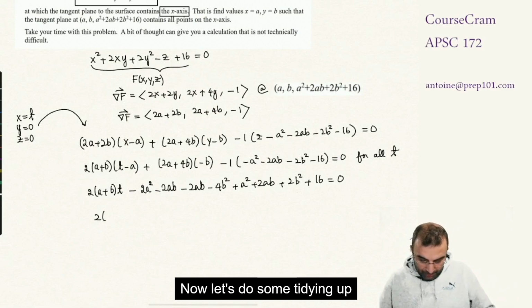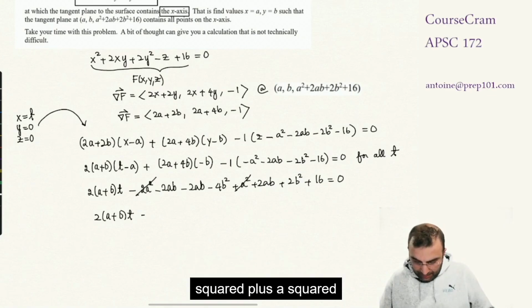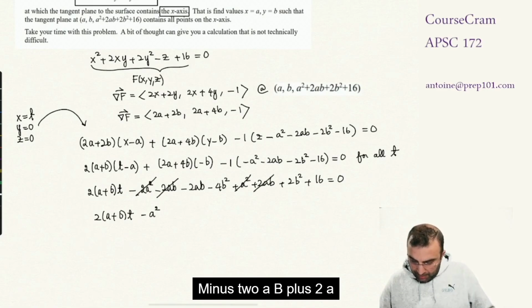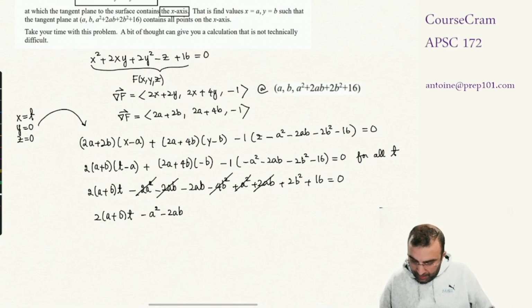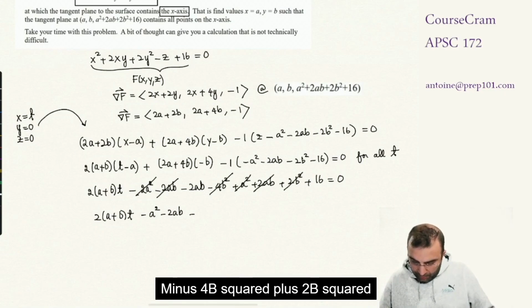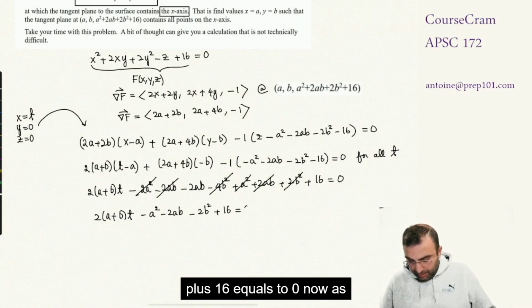Now let's do some tidying up. 2 times (a plus b)t, minus 2a squared plus a squared is minus a squared. Minus 2ab plus 2ab is gone, then I have minus 2ab. Minus 4b squared plus 2b squared is minus 2b squared, plus 16 equals 0.